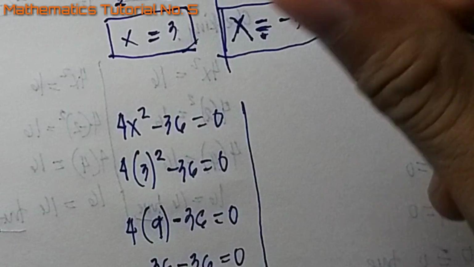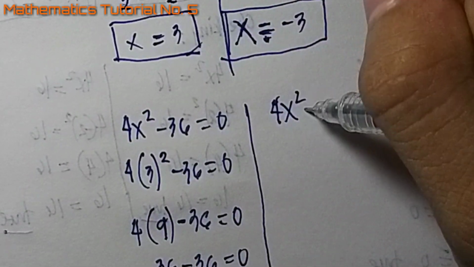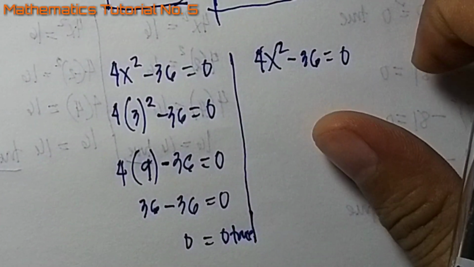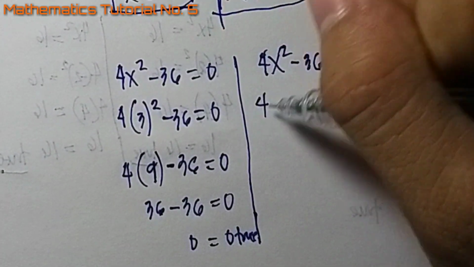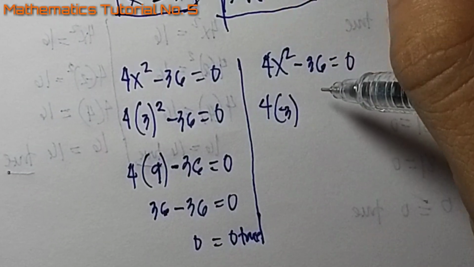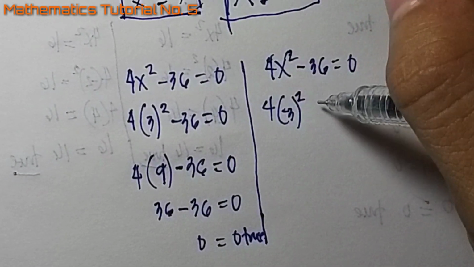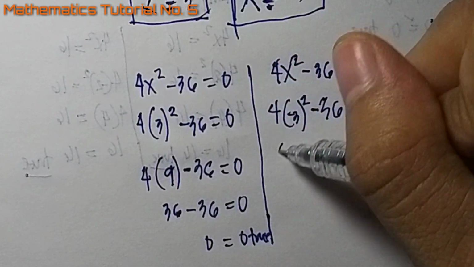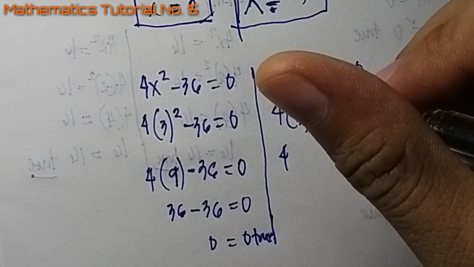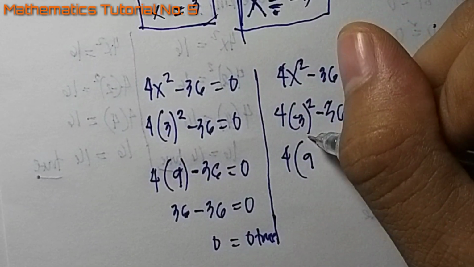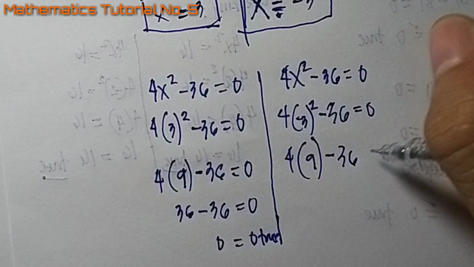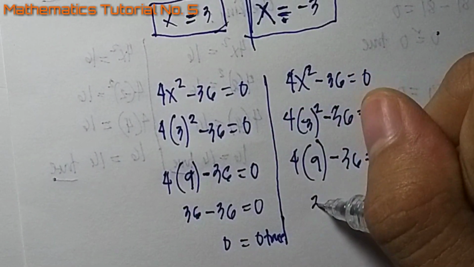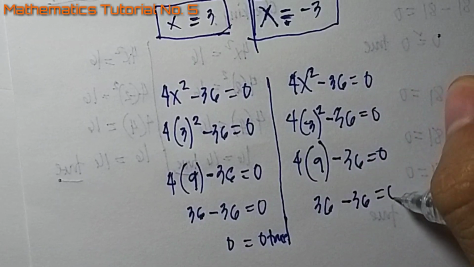Dirita sa negative 3. So, we have 4x squared minus 36 equals 0. So, our x is negative 3. Nya squared dayon minus 36 equals 0. Mag-una ta sa exponent, negative 3 times negative 3, that is positive 9, minus 36 equals 0. 4 times 9, that is 36, minus 36 equals 0.